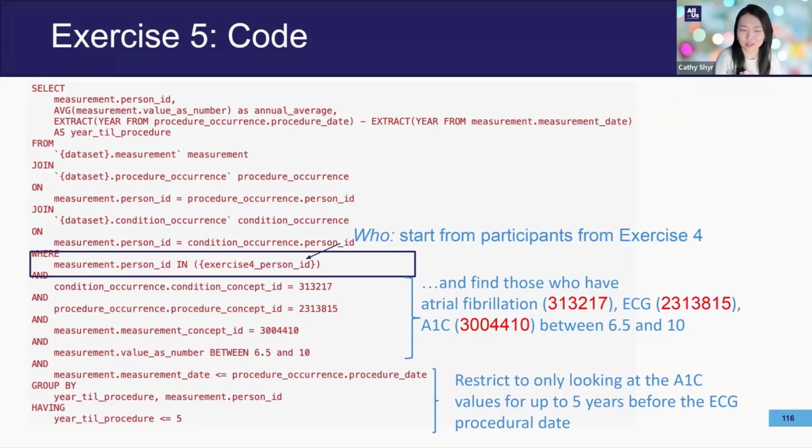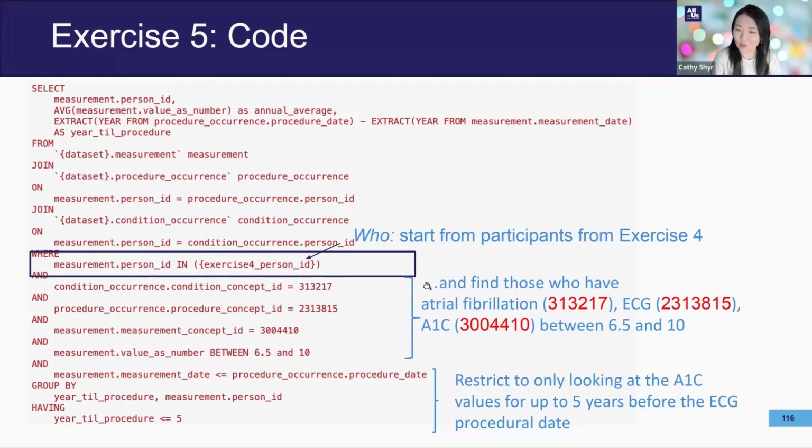Okay, so let's keep going. For the who part, we want to specify that we want participants from exercise 4. This is another trick: in SQL, if you've stored the person IDs from the previous exercise, you can say, instead of rerunning that cohort query, I just want the person IDs that correspond to the persons that I've already stored from exercise 4.